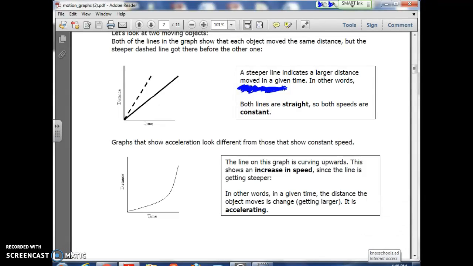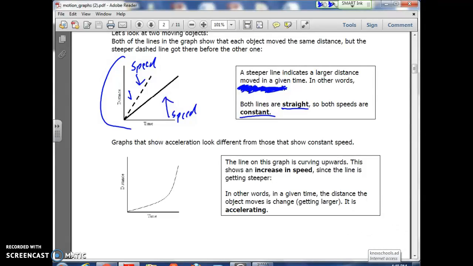Now look at the graph right below that. Still distance and time, so that means both lines are showing us what? Showing us a speed. Well, let's compare the two speeds. Since both of them are straight, not curved at all, since they're both constant, I want you to tell me which one is moving at a higher speed.